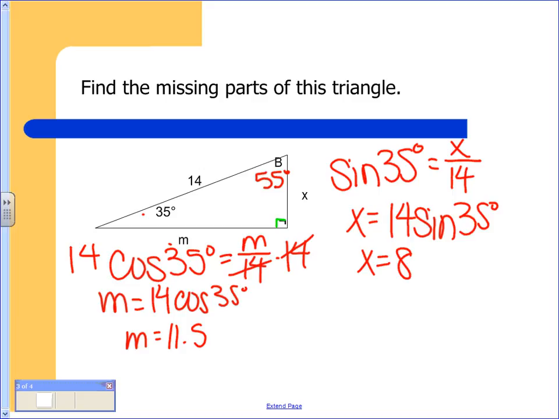Did you use x and m? That's fine. I mean, you can. Did you do tangent of 35 equals x over? Then you couldn't use tangent because tangent is x over m, opposite over adjacent. Because we did the sine of it, opposite over hypotenuse.